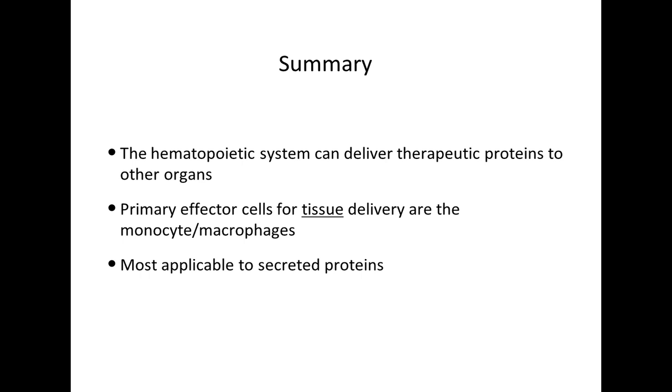That could be a potential problem if you're trying to use this in vivo, but also there could be immunogenicity to the protein itself. So if you're trying to replace a protein that a patient with a genetic disease didn't have, they may recognize it as foreign. So it's something else to think about. Those are two potential pitfalls. I'm sure there are more.